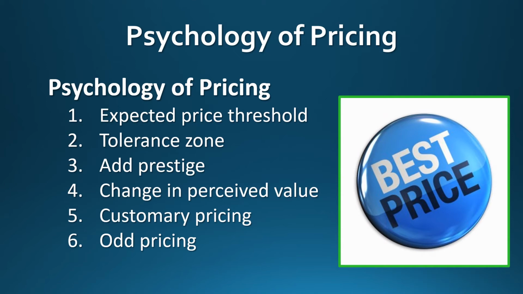So we think if something is cheap, it must be made cheaply and must not be that good of quality. And vice versa: if it's high dollar, it's usually high quality and high value. Sometimes that has merit and sometimes it doesn't. Then we can look at customary pricing and odd pricing, a couple other pricing strategies that round it out.